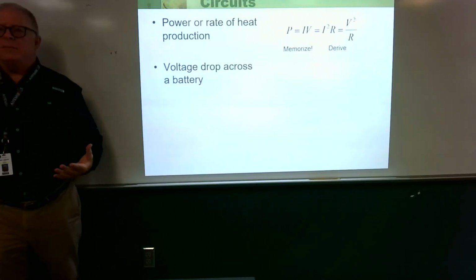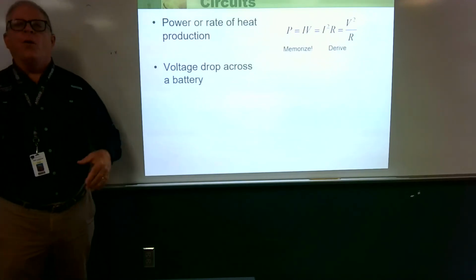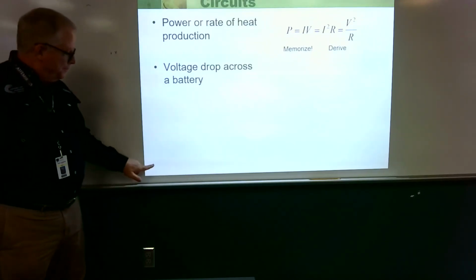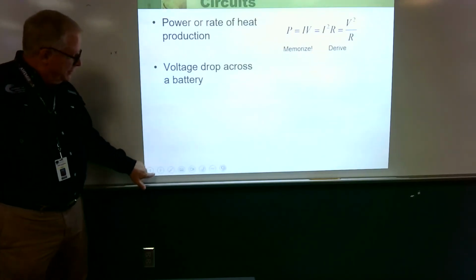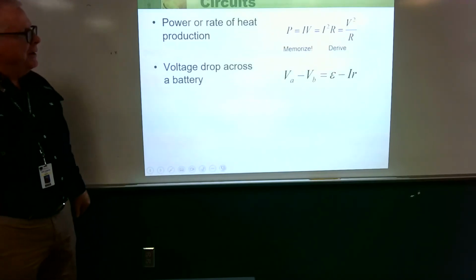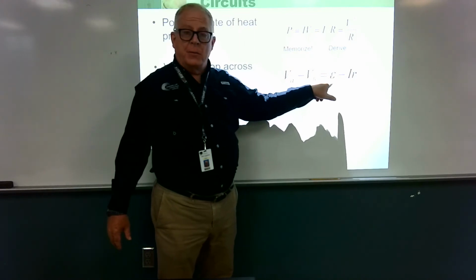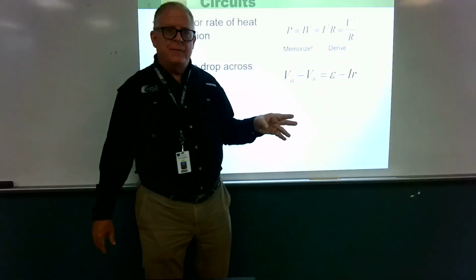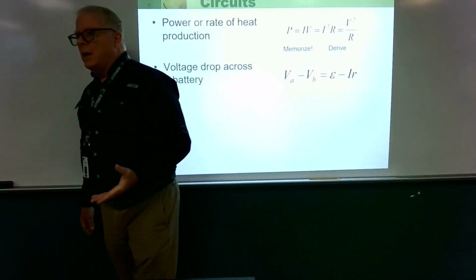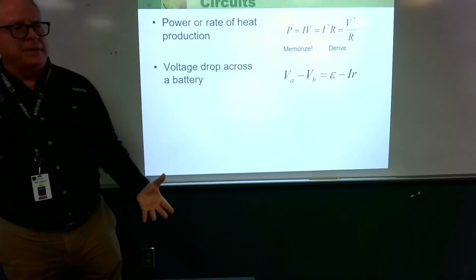Just the relationship that gives us the voltage drop across a battery. I say derived, but you kind of know it already. If you just understand that a battery consists of a pure battery voltage, the EMF, that's the voltage that the battery puts out because of the chemical process it has in it.